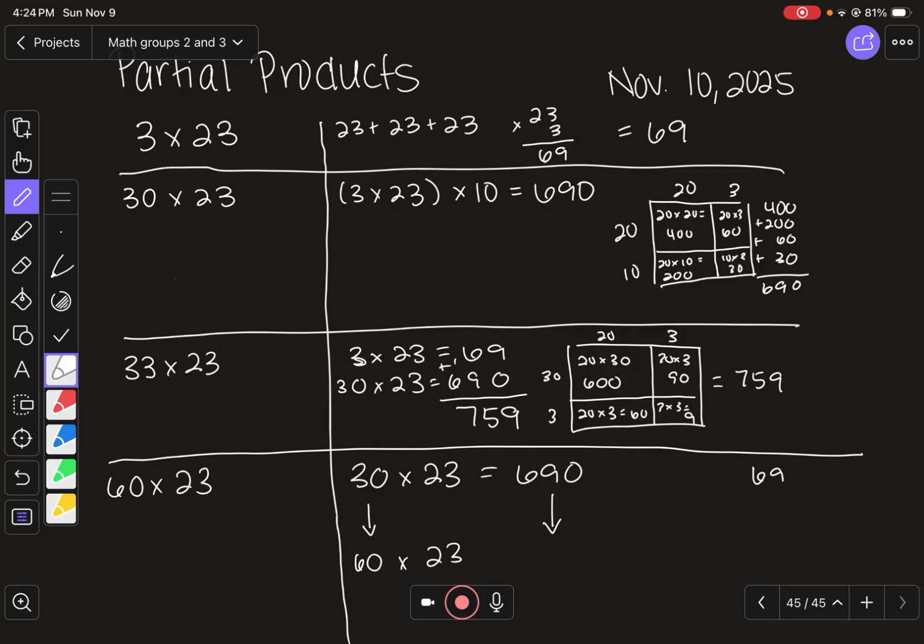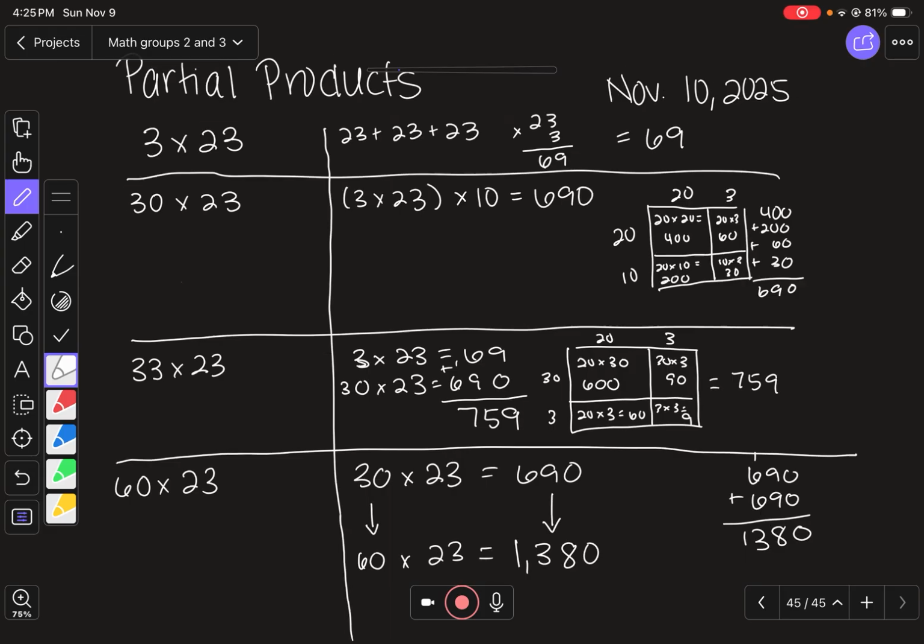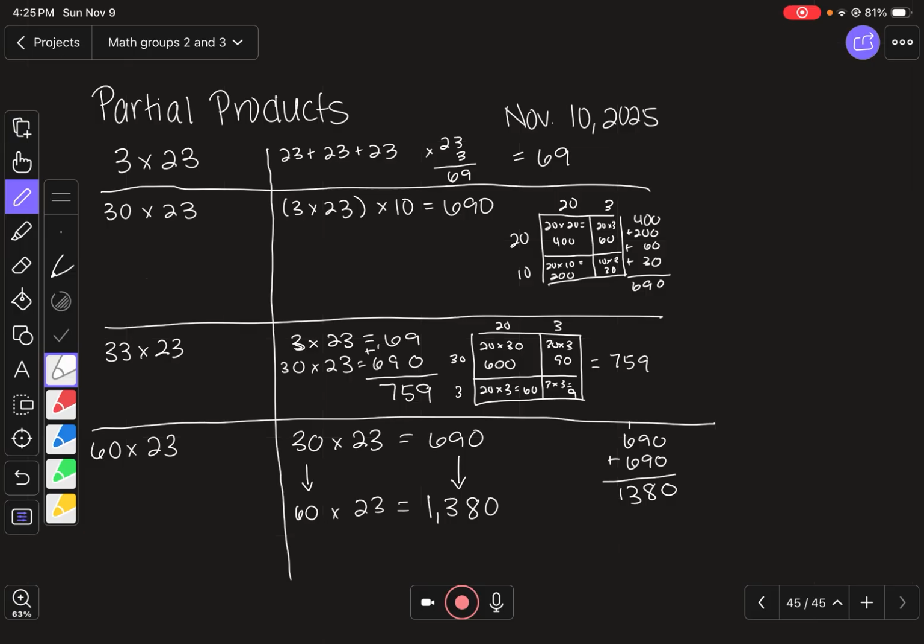So if you think 690 plus 690, now you would be able to easily say, well, I know that 60 times 23 is 1,380. Just remember that if you double one of your products, then your answer will also double. That is going to be probably your easiest way to solve this problem. Of course, you could do an area model with this as well.